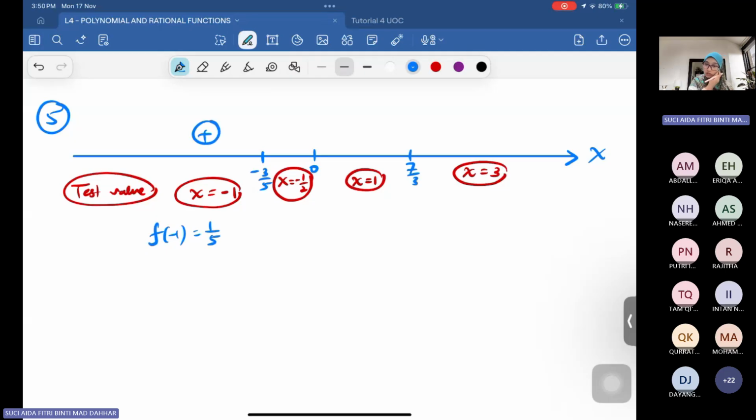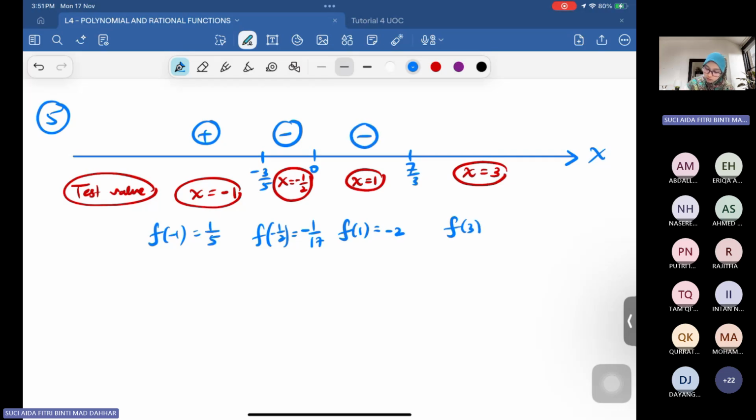So it is positive. And then f of negative half here, it gets me to negative 1 over 17. So this is negative. So f(1) here, calculate x equals to 1. I got negative 2. So this is negative.